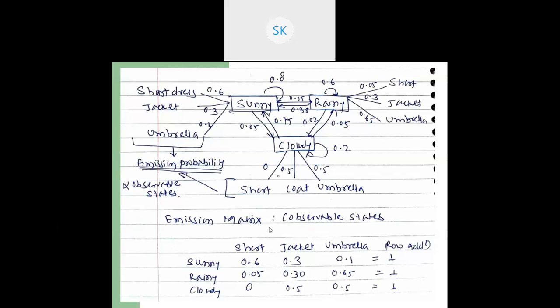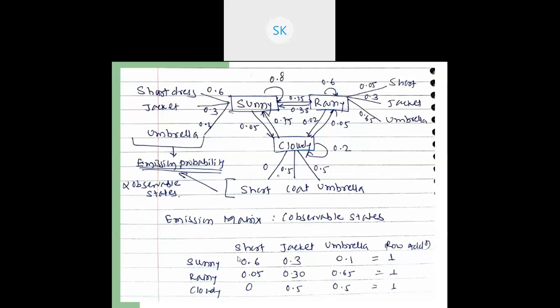So we can prepare the emission matrix with respect to this emission probability. These are the observable states: shorts, jacket and umbrella. This coat is nothing but the jacket. And with respect to the weather: sunny, rainy, and cloudy. So the weather is sunny and the observation is shorts, that is 0.6.